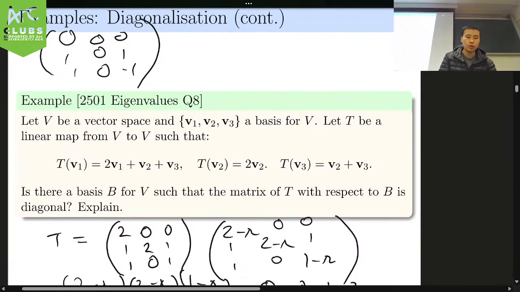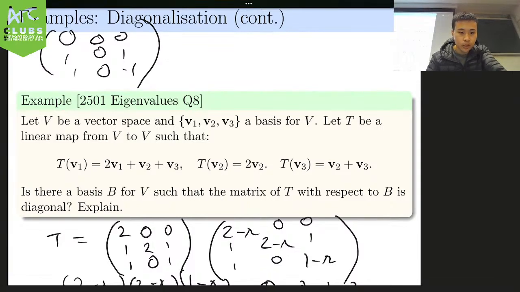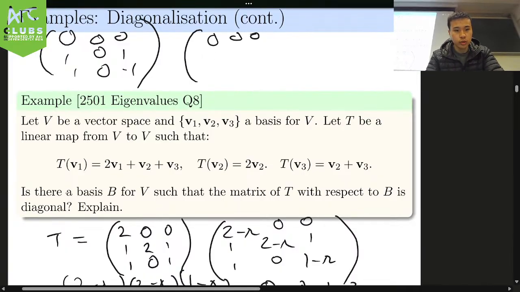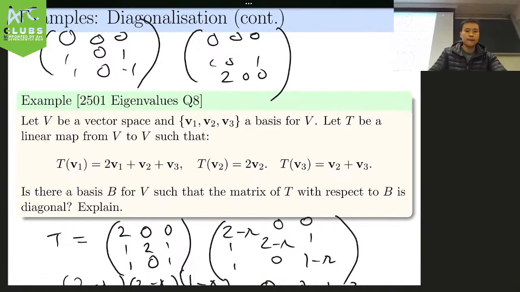Okay, and then what can we do from here? Now we're going to add the rows. Sorry: 0, 0, 0, 1, 0, 1, 2, 0, 0.